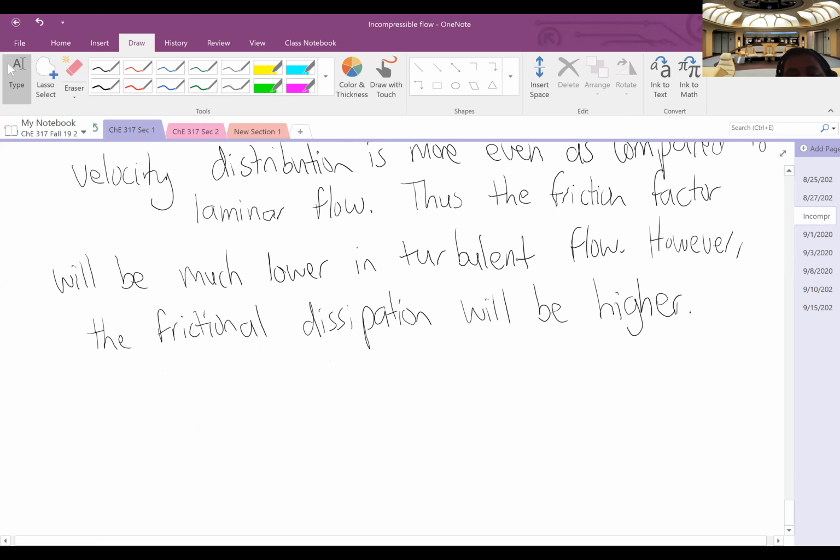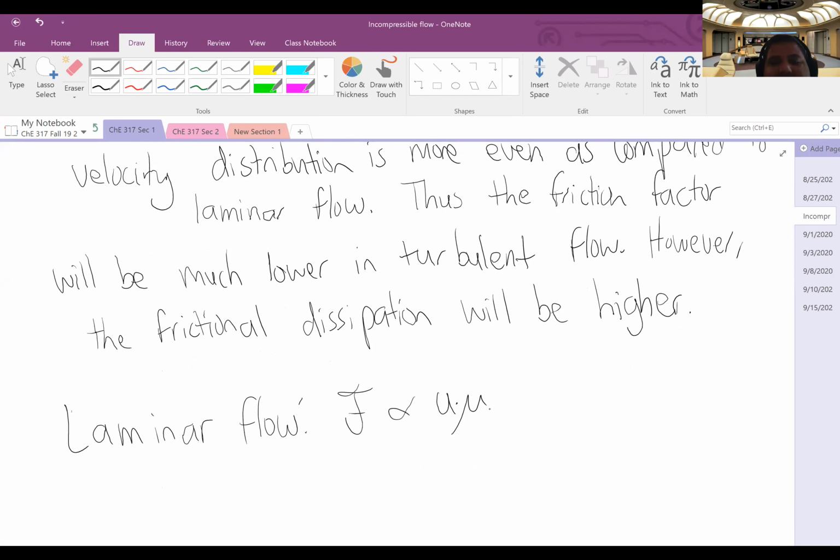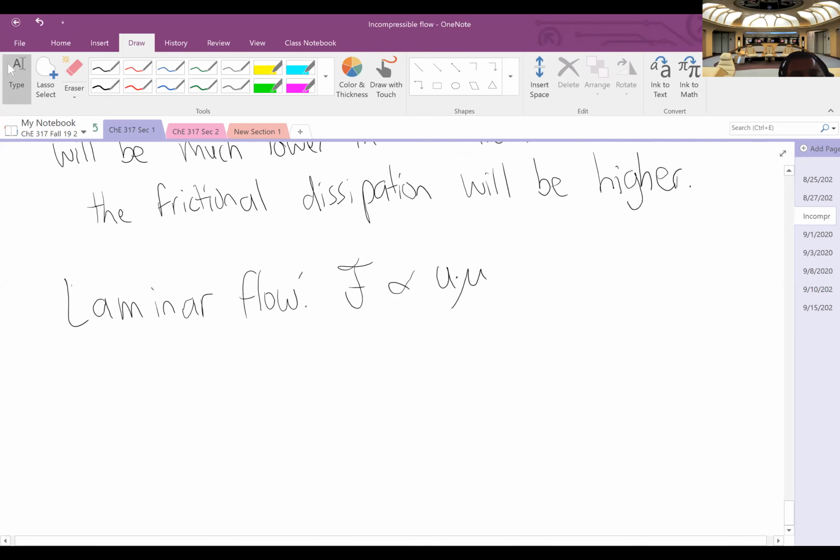And so what we typically see is that in laminar flow, our friction is directly proportional to the product of our flow velocity and our flow viscosity. Meaning viscosity is important when we're calculating frictional dissipation in laminar flow, and so is our velocity. However, in turbulent flow, we find that the frictional dissipation is a function solely of velocity, but the square of the velocity.